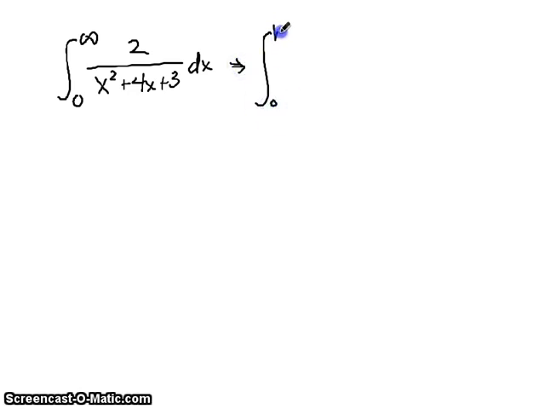We're going to turn this into a b. So 2 over x squared plus 4x plus 3. Now we got to think about, how do we take that integral? So a plain u substitution is not going to work, because u would be x squared plus 4x plus 3, which means du would be 2x plus 4. It's not a product, so we don't want to think about our differentiation by parts.